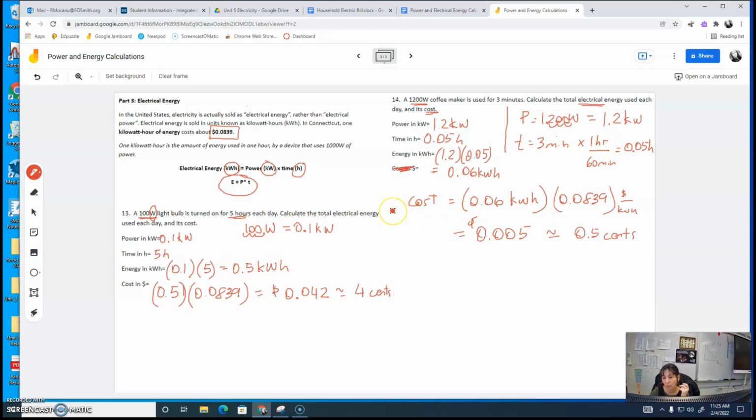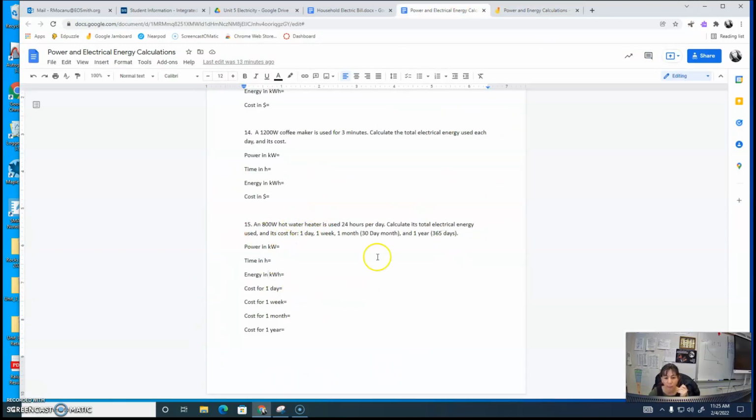So if you understand what we just did, you should be in good shape to go ahead and calculate the power and the energy consumption for this water heater for a day. Then you can calculate the cost that you have to pay in order to use your water heater for a day. Then if you know the cost for a day, you can take that, multiply by 7 days a week to figure out how much you're paying for a week, and so on for a month and year.